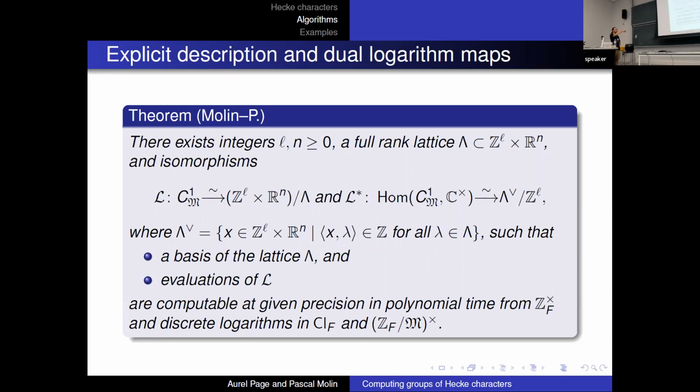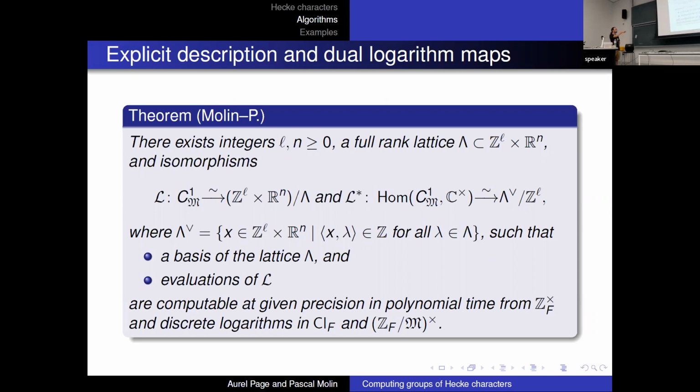So the dual lattice of Lambda is just another lattice, so it has a basis. As a group, it's just Z^(n+l), and so this is a finitely generated abelian group that we can represent and compute with very easily.